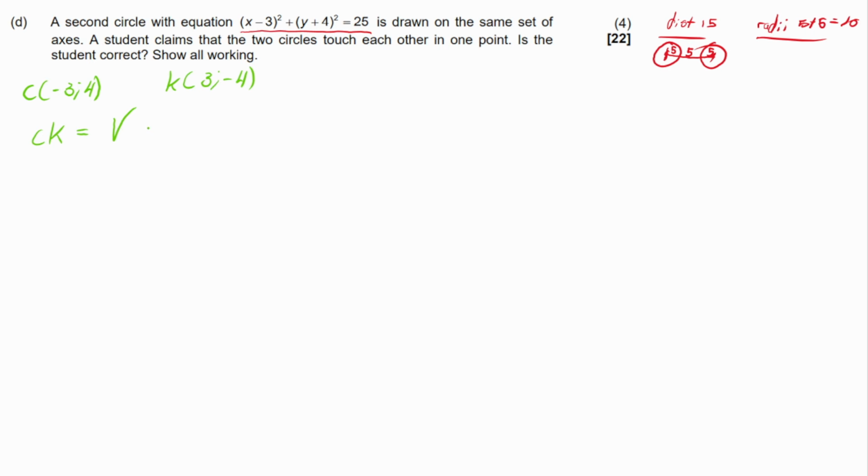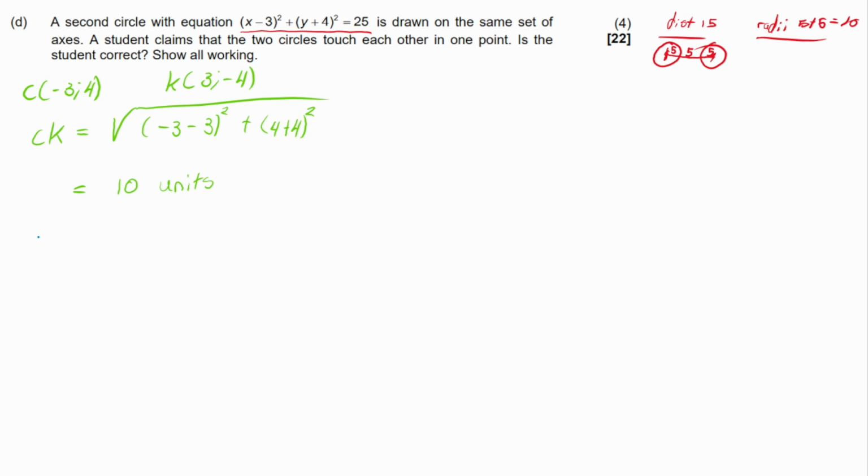We just use our distance formula. So if we apply that, we get minus 3 all squared plus 4 plus 4 squared. If we put that in our calculator, we get that the distance between their centers is 10 units. So that's the distance between the centers.